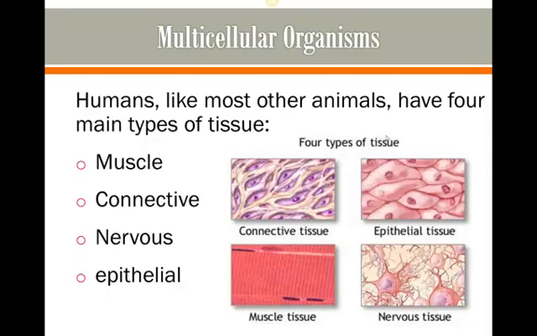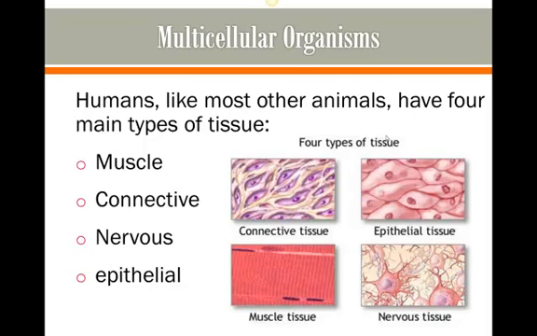Connective tissue. By the word itself, hopefully you could get a clue as to what connective tissue does. It connects. 2 kinds of connective tissue that you probably have heard of are ligaments and tendons. That's connective tissue. Nervous tissue is what makes up your brain and your spinal cord.